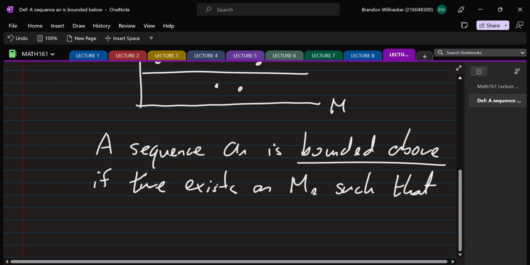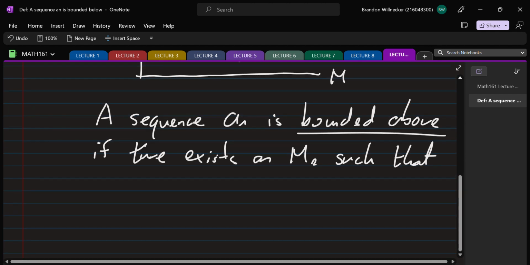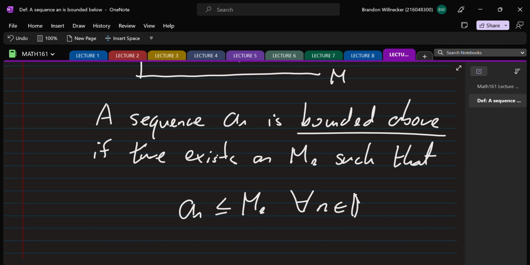If it's bounded above, it means that the sequence values never go above a certain point. So we have a_n is less than or equal to M2 for all natural numbers n. Okay, so whatever the sequence may be, it never goes above that point. We say it's bounded above.